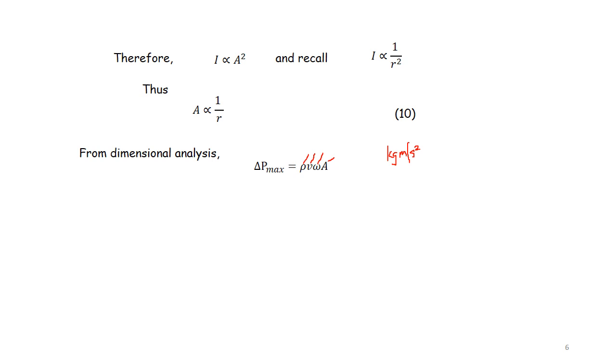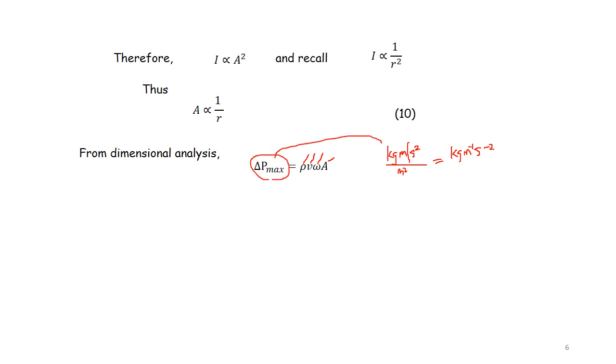So force over area, and area is meter square, and that will give you kilogram per meter per second square. That is for pressure, that is for the maximum pressure.